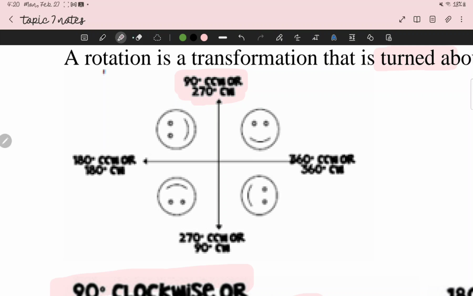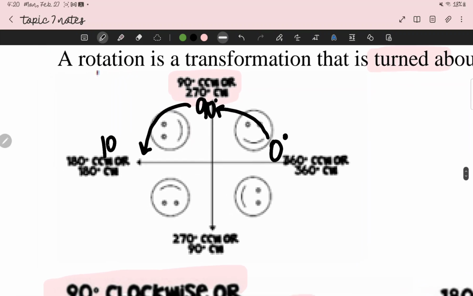The way that you know that is, you start here at 0 degrees. Then if I turn 90 counterclockwise, it's going to be here. Keep going, 90 more is 180. It's just going in a circle, and then it keeps going to 270. I'm adding 90 every time until I make a whole circle, which is 360.